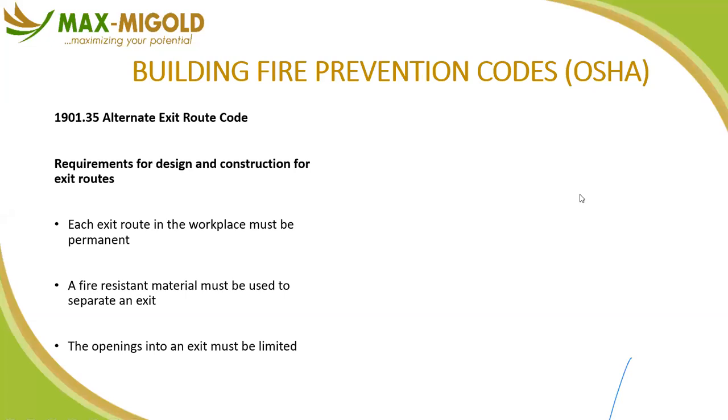And here we're just speaking to the fire prevention that should be done via design. So ensuring that we have exit routes which are permanent, which are not obstructed, not blocked. We should ensure that fire resistant materials are used, and of course, the openings into an exit should be limited.